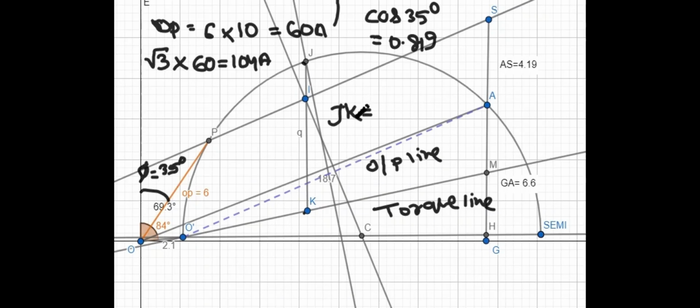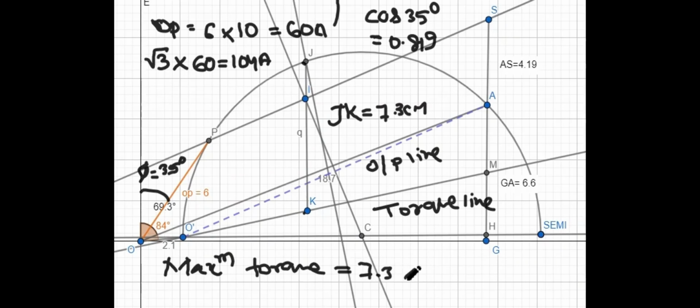JK, the maximum torque, is equal to 7.3 centimeter. Hence the maximum torque is equal to 7.3, and we have already calculated 1 centimeter equal to 7120, that is equal to 51,000.